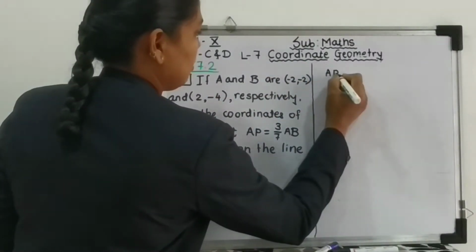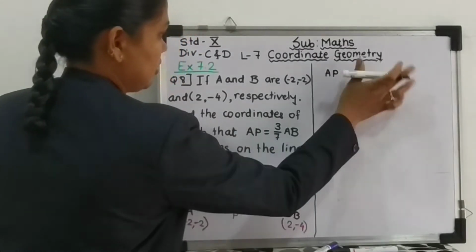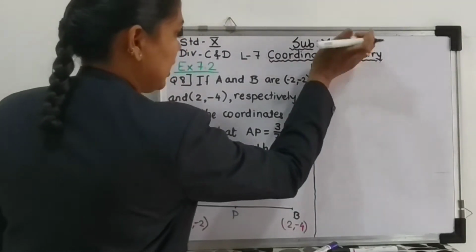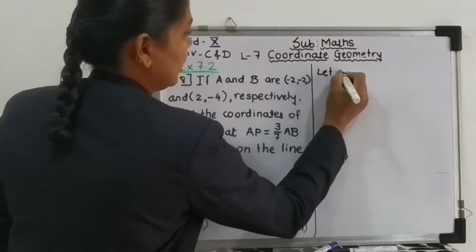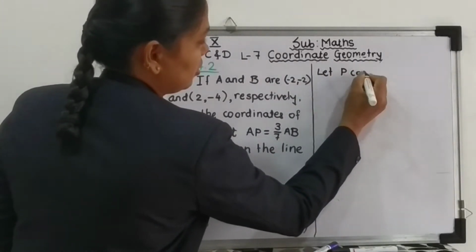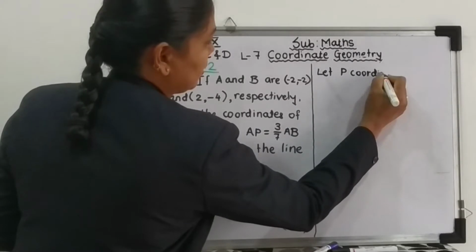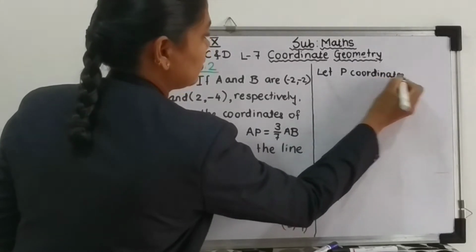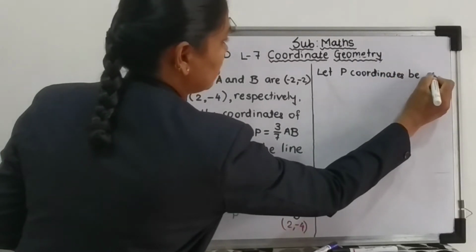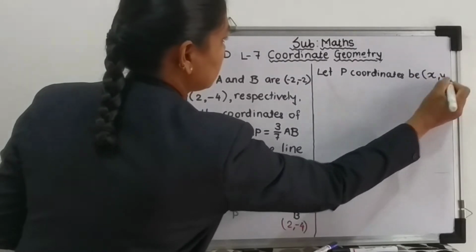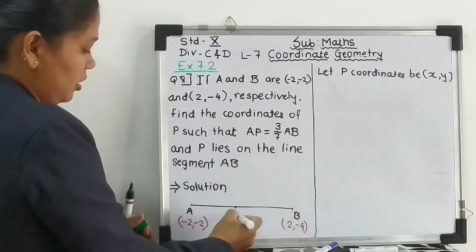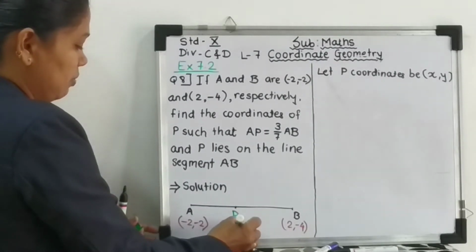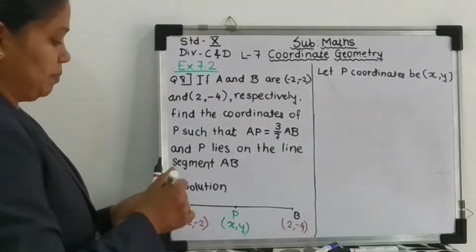See, AP is equal to, first of all, we will write let P coordinates be x, y, because we are going to find out that one.